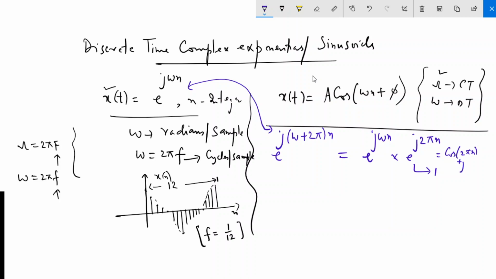So this is always equal to 1, and this again becomes e raised to power j omega n. What this means gives you a very important property: two discrete time complex exponential signals with a frequency of omega naught and omega naught plus 2 pi are identical.